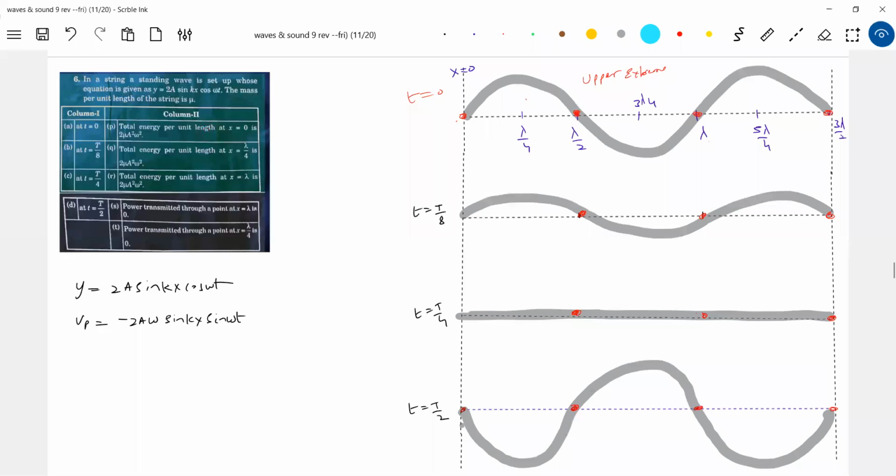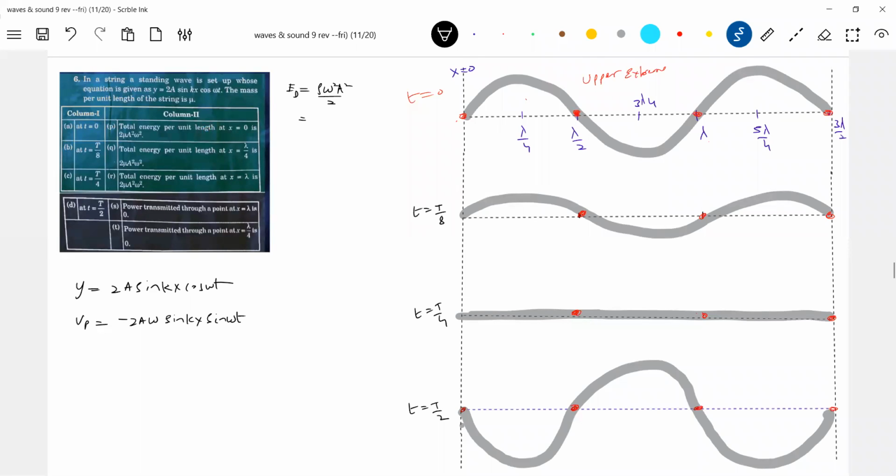What is the energy density formula? First, I think we should have clarity. What is energy density? It should be equal to rho omega square a square by 2. Am I right? The average energy density is, instantaneous. No. Please try to see, total energy per unit length is asked. So this is energy density.